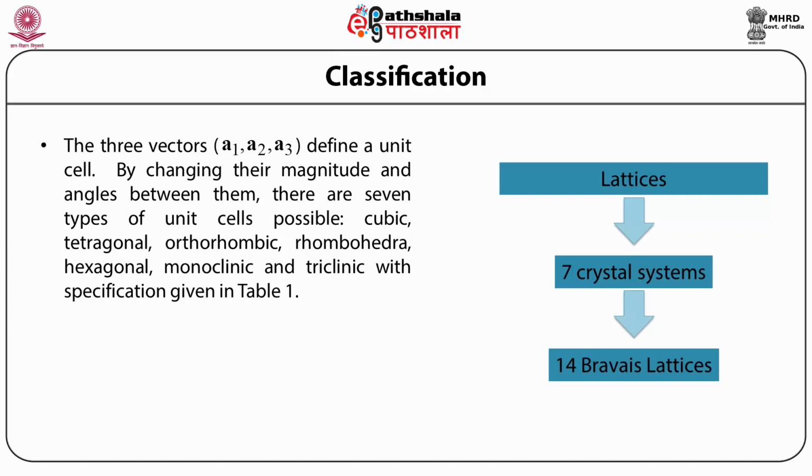Now these 7 crystal unit cells or these crystal systems are represented by 14 Bravais lattices.